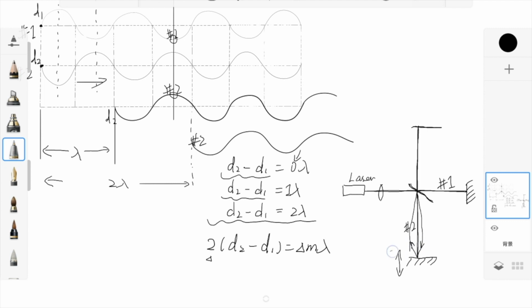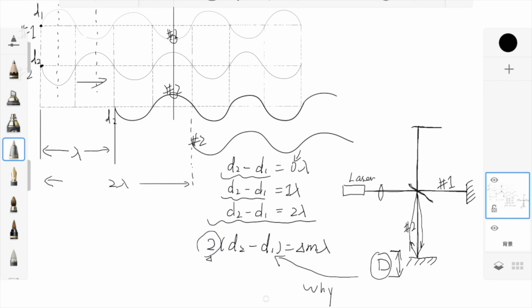So when we say we move D here, the laser path is 2D, so it should be times 2. That's why we will have this one.